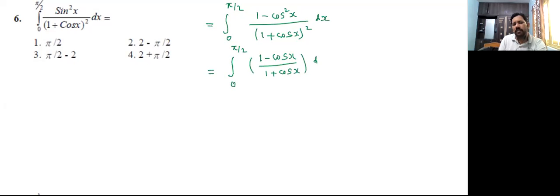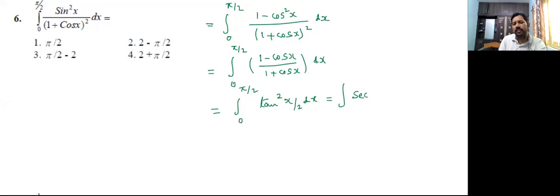What is 1 minus cos x by 1 plus cos x? 1 minus cos x means 2 sine square x by 2. 1 plus cos x means 2 cos square x by 2. The 2s cancel. Sine by cos, that is tan square x by 2 dx. Integration of tan square x by 2, there is no direct formula.